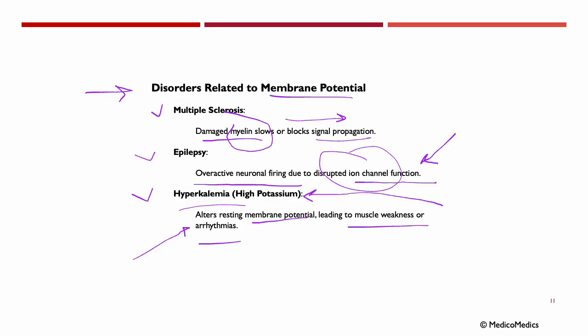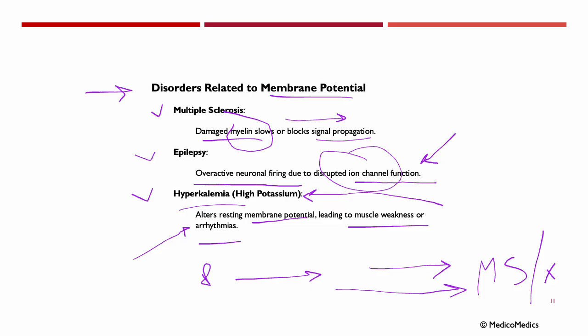Of course, if you think about it, we made the connection between, for example, MS or whatever pathology, and signal transmission. We connected that to the world of resting membrane potentials and action potentials and concepts like threshold, repolarization, depolarization, and that this was all based on the influx and efflux of ions.